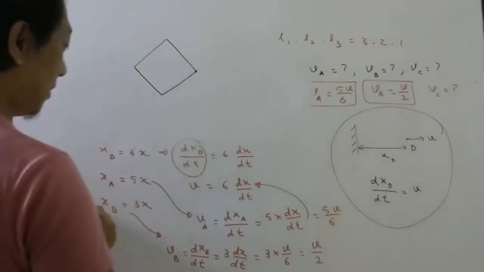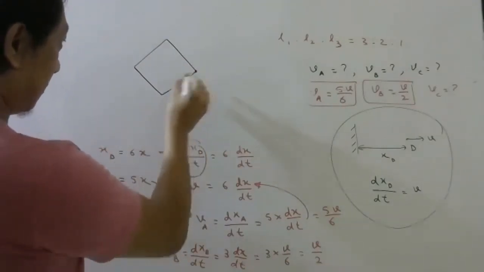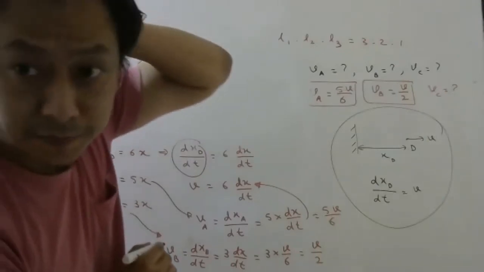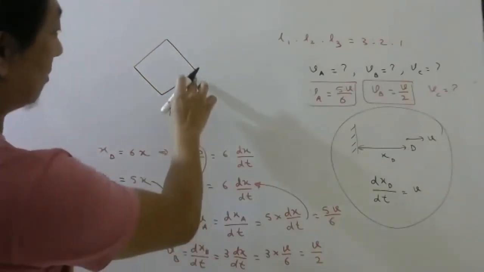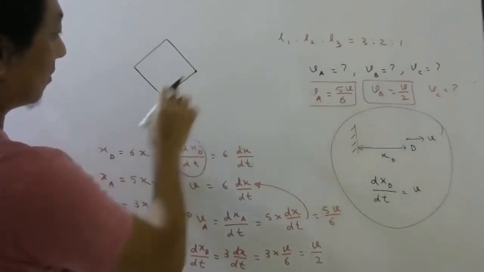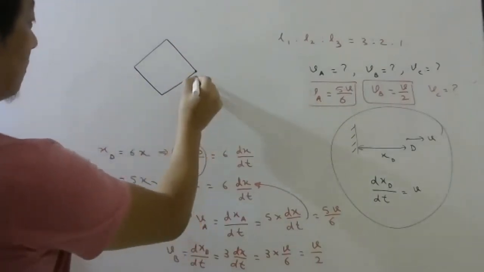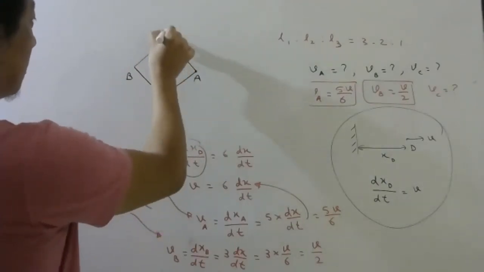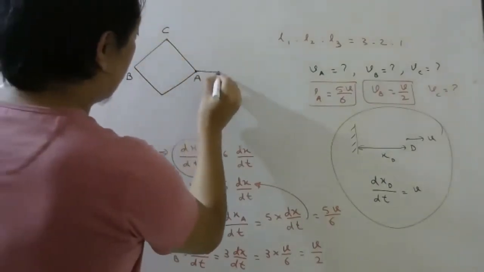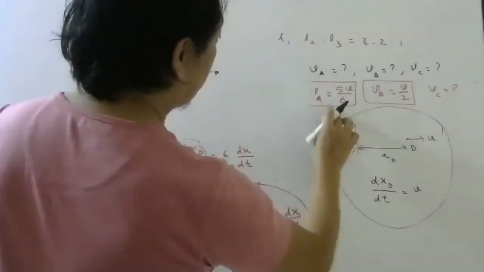This was which point? I forgot. The middle one. Yeah, A. This is B.